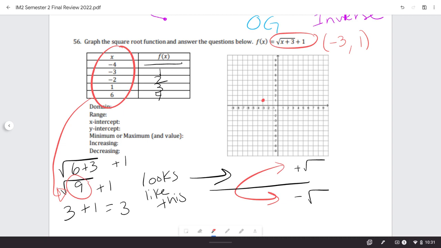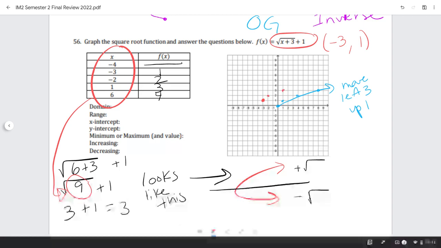Another way to do it is to graph your original function first, which would be (0, 0), (1, 1), (4, 2), (9, 3). That's your original. And then you would move to the left 3 and up 1. All of those points would move to the left 3 and up 1.